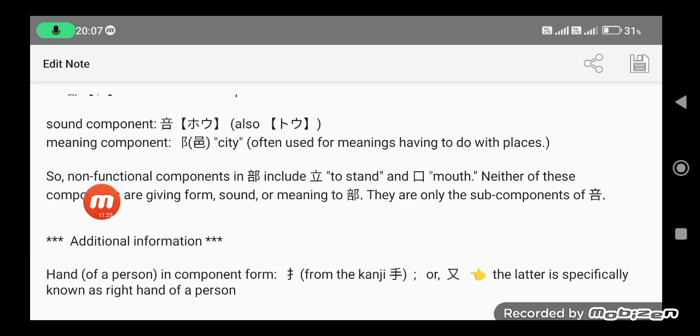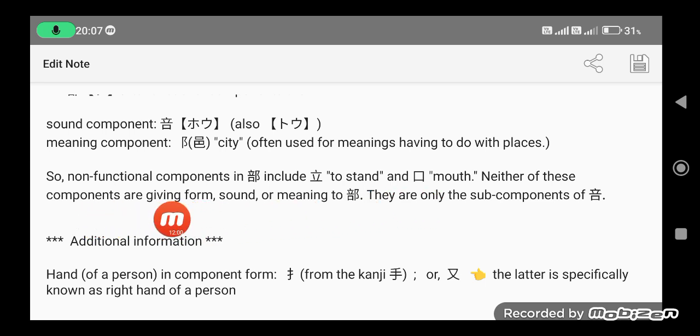So the non-functional components in this bu kanji include this kanji, which is actually a kanji meaning to stand, which depicts a person standing, a front view of a person standing, and the kanji for mouth. So neither of these two radicals are giving form.